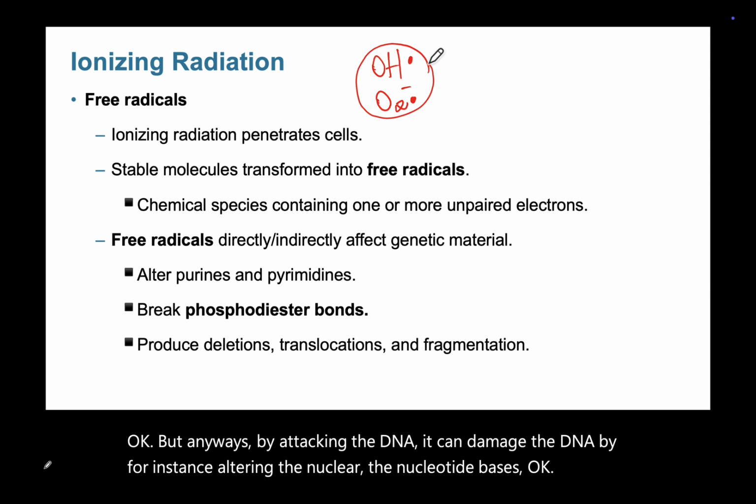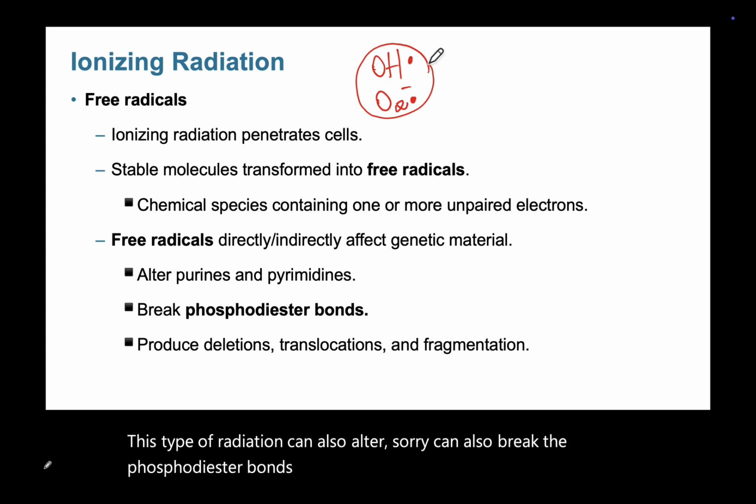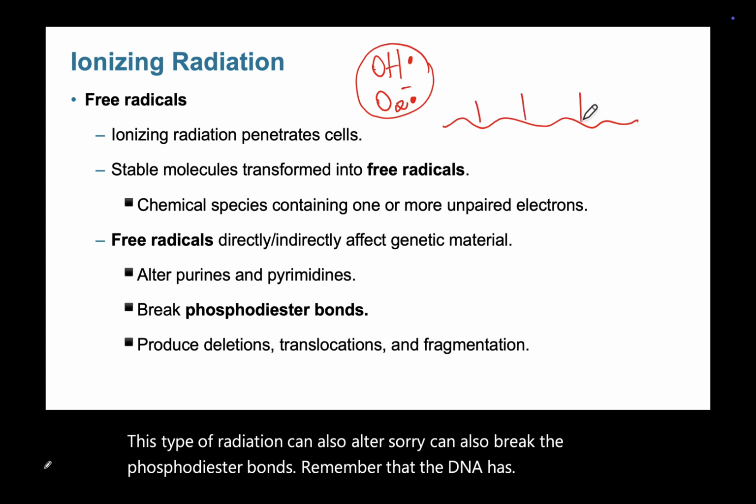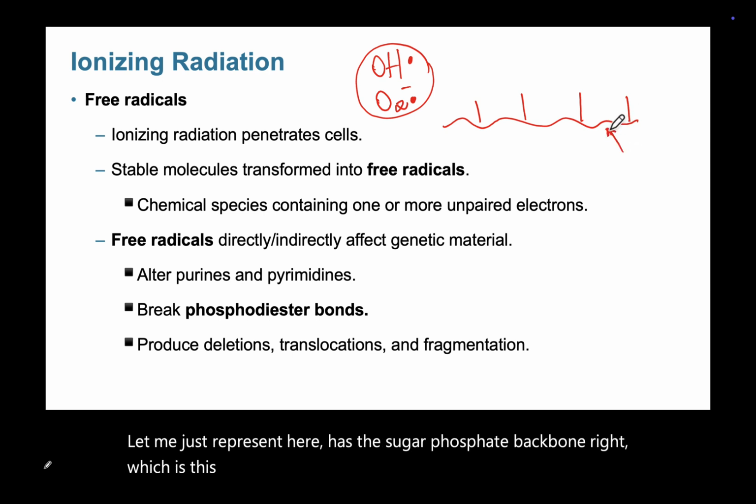This type of radiation can also break the phosphodiester bonds. Remember that the DNA has, let me just represent here, the sugar phosphate backbone, right? Which is this portion right here, where you find sugar and phosphate.